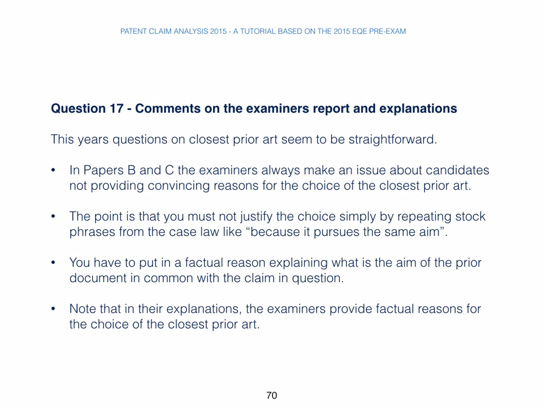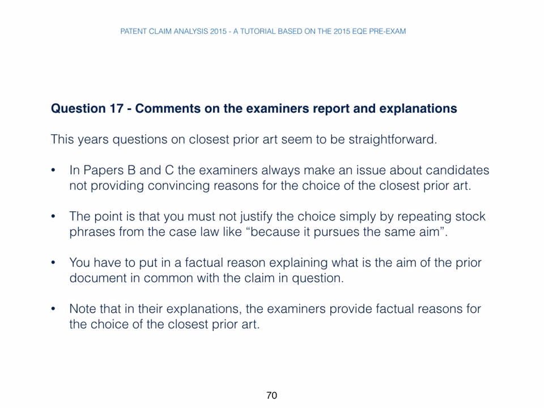The point is that you must not justify the choice simply by repeating stock phrases from the case law, like because it pursues the same aim or because it is a springboard or things like that.